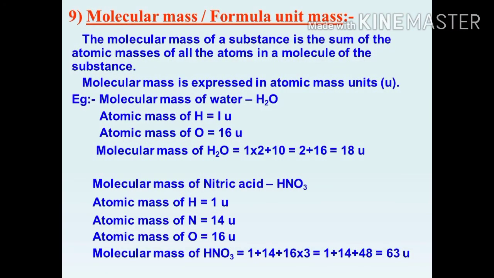The molecular mass of a substance is the sum of the atomic masses of all the atoms in a molecule of the substance. Now we have to discuss molecular mass or formula unit mass. What is molecular mass? It is the sum of the atomic masses of all the atoms. What is atomic mass?